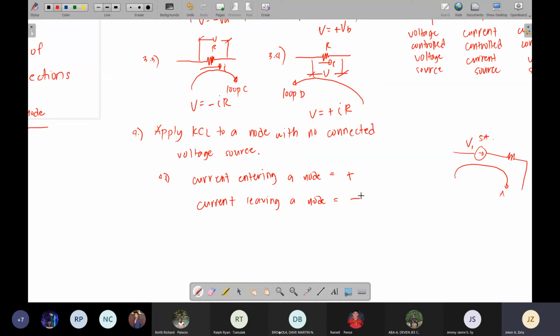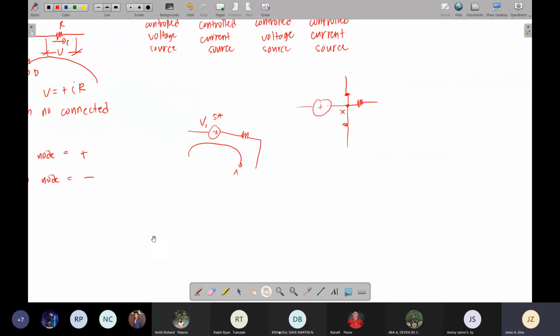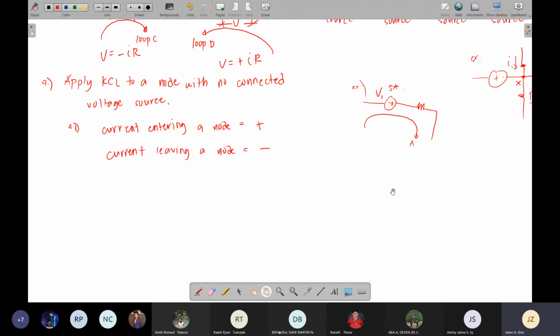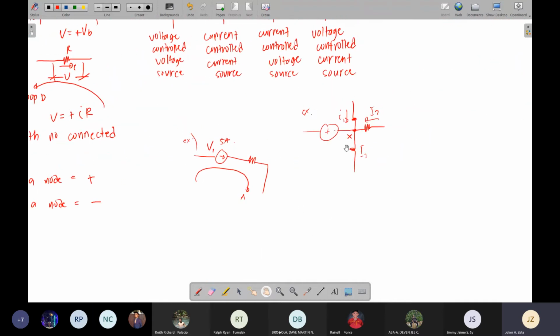Okay? So, for this one, for example, no, na ako yung node eh. So, assume na kung muna akong node X. If I'm going to apply KCL here, let's say for example, muna ako ang I1. Let's say mong kuning I2. Yan ka na I3. Okay? So, for KCL, okay, tanang current nga padung musod sa node that is positive.